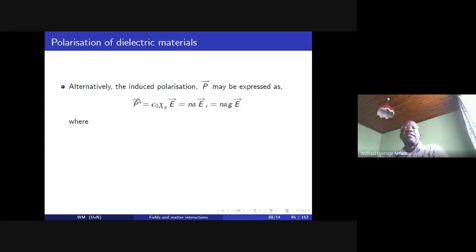So in an alternative way, we could always write the induced polarization P as, that is from the previous slide, and we're multiplying that one by, instead of using the applied field, we use the local field at the molecule that we are dealing with.